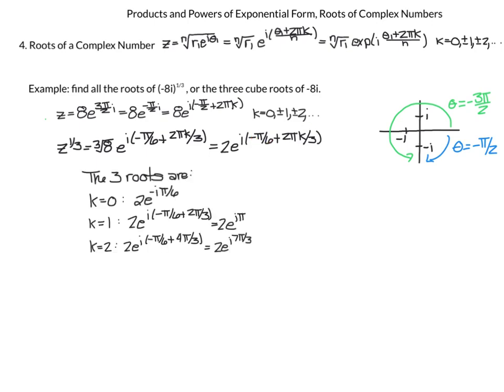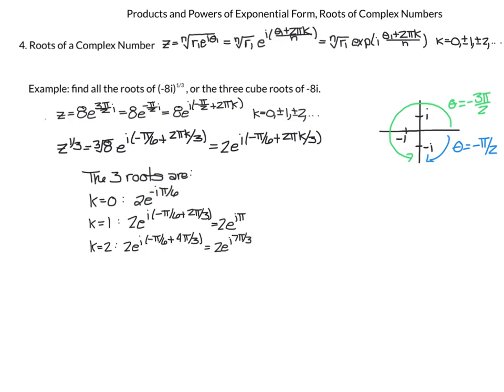Which means my three roots are, if I let k equal to 0, 2e to the I minus pi over 6. If I let k equal to 1, that's 2e to the I negative pi over 6 plus 2 pi over 3, which is 2e to the I pi over 2. And when k is equal to 2, I'm going to get 2e to the I 7 pi over 6. When k is equal to 3, this becomes 2 pi, and we've looped back around to 2e to the I minus pi over 6.